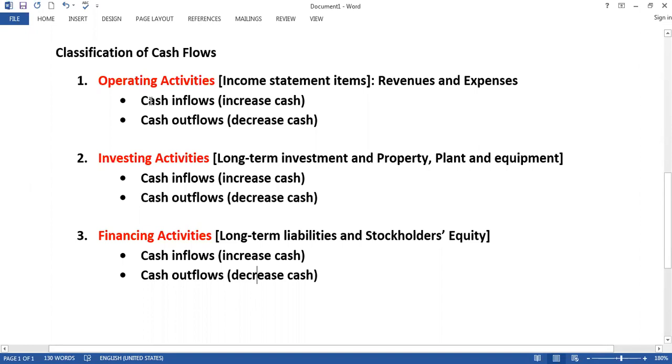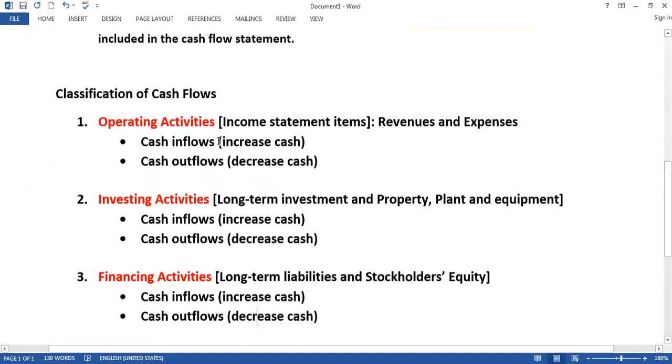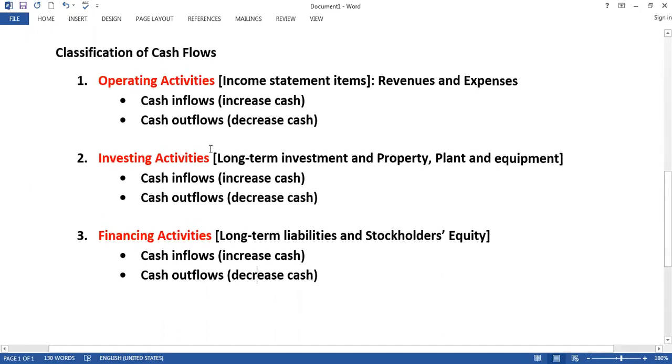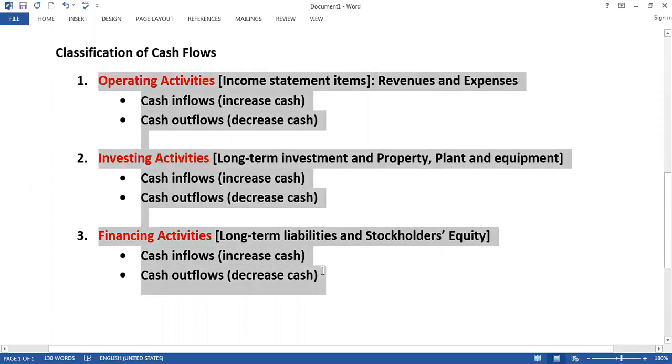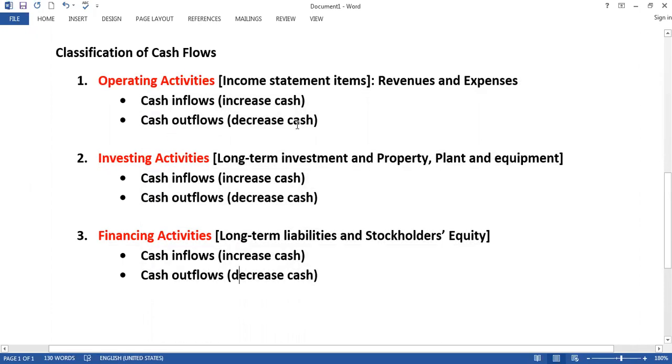So when we solve the questions, we have to divide our solution into 3 groups. You understand my point? When we solve a question, our solution should also have these three separate sections. You cannot write long-term investment under operating activities. You cannot write revenue and expense under financing activities.